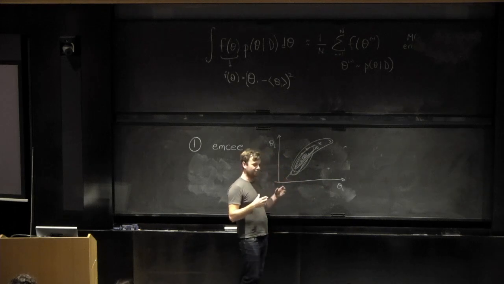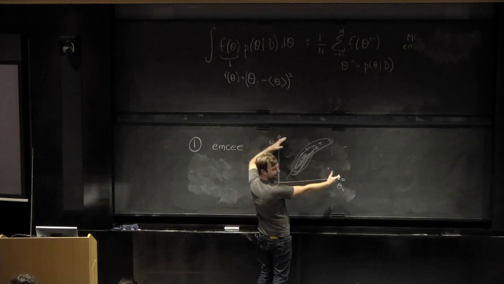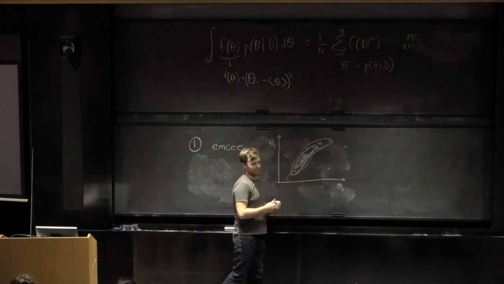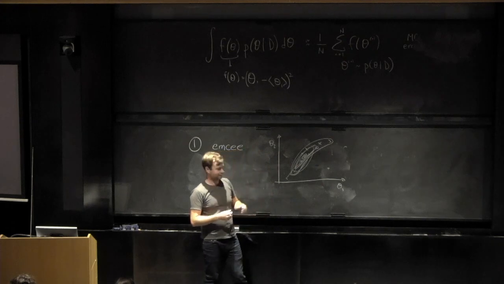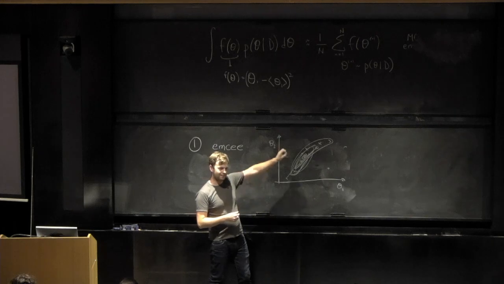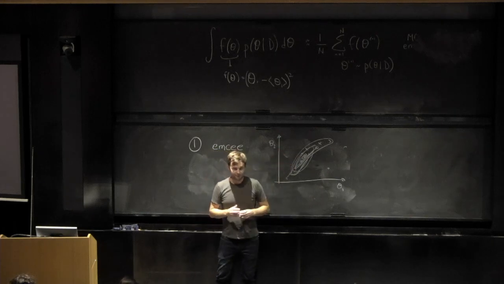Because in practice, I've found that it's much easier for the distribution to expand than to contract. So it might seem like you might want to start with them everywhere and shrink down, but I've found that in practice, that can be much harder to do. So the way that I would normally go about starting MC would be to start as close to the optimum as I can find.